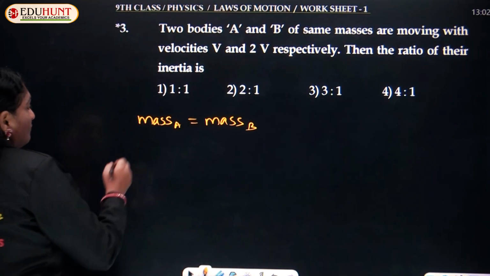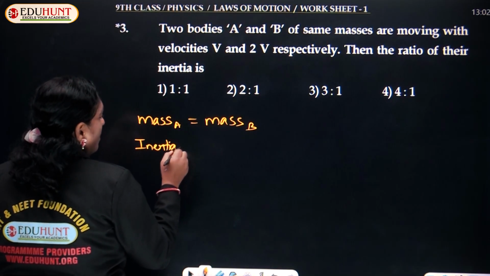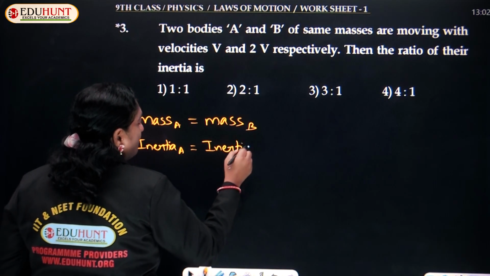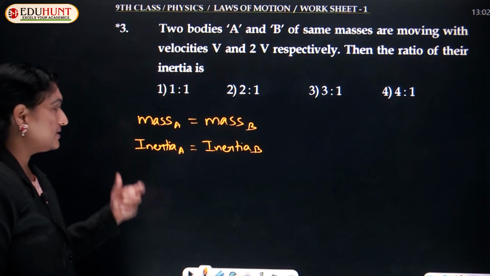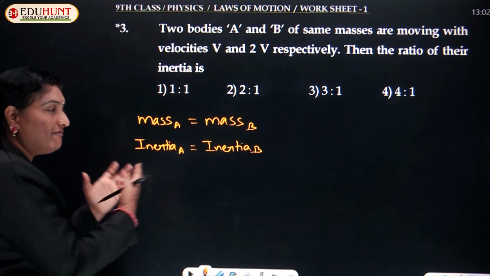You are asked to find out the inertia. Then what about inertia, children? Inertia of A must be equal to inertia of B. If both inertias are equal, if this is 3, that is also 3. If this is 10, that is also 10. X means X. So, same values.